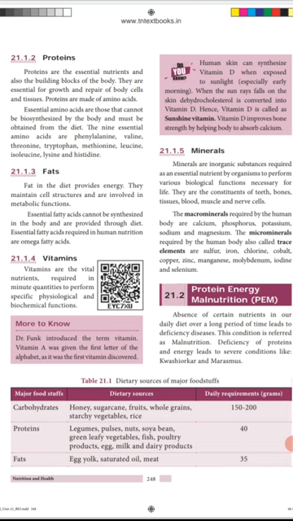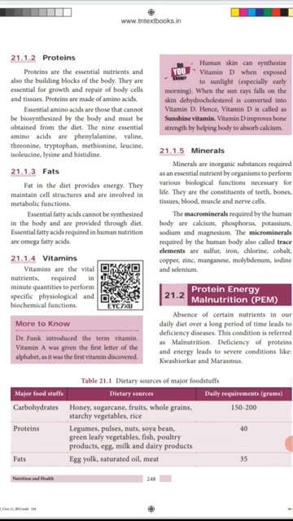Lack of particular nutrients over a long period leads to a deficiency disease. That is called protein energy malnutrition, PEM. Deficiency of proteins and energy leads to severe conditions like kwashiorkor and marasmus.